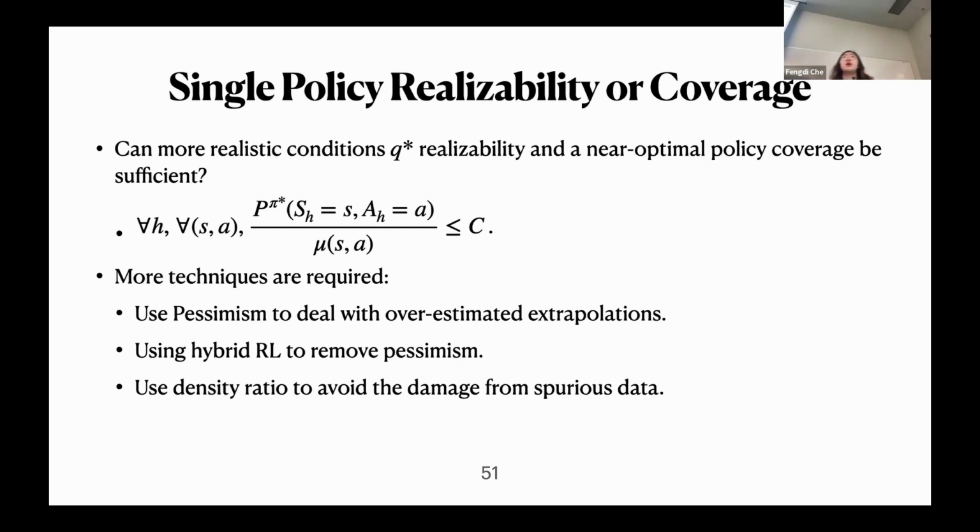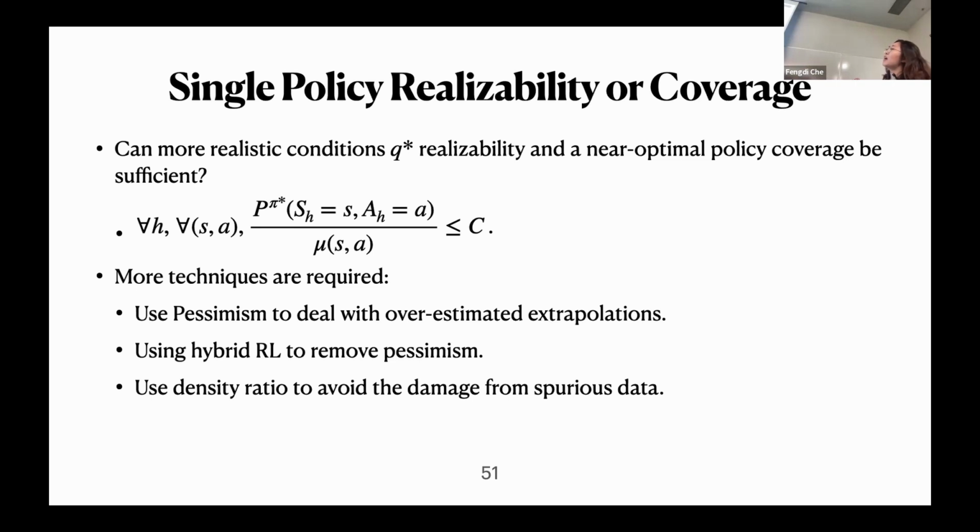For pessimism, it points to two things. One thing is we use pessimistic value estimation. The second thing is we regularize our policy so that the learned policy is not so far away from the data set. That's like trust region, what people use for PPO and stuff like that.